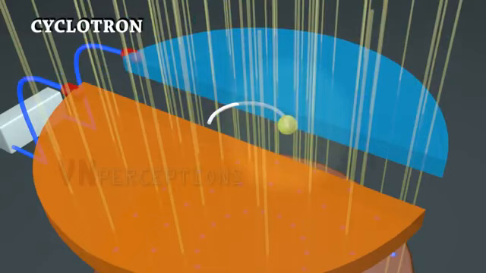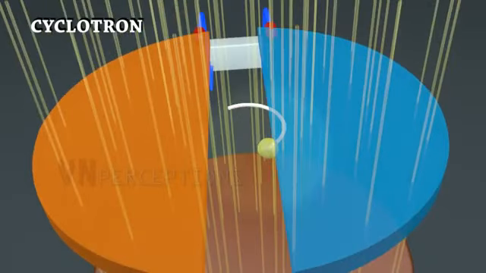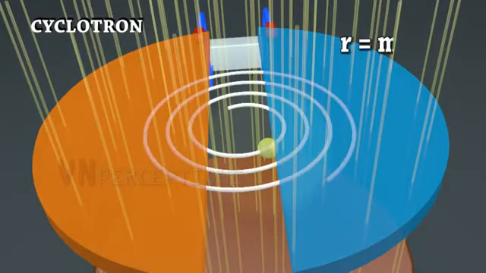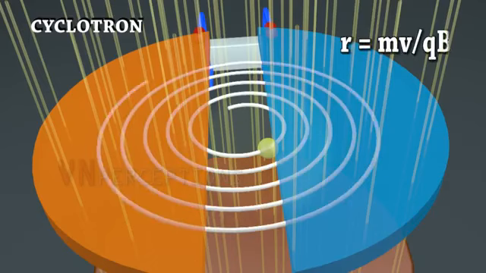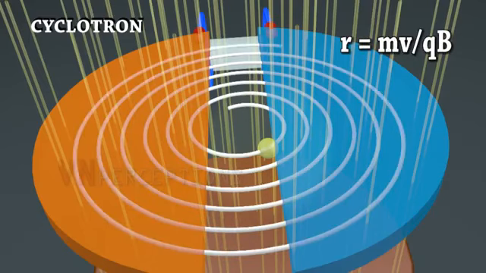It experiences a force in a direction perpendicular to the plane containing v and B. This force provides the centripetal force and makes the charged particle move along a circular path of radius r equal to mv upon qB.